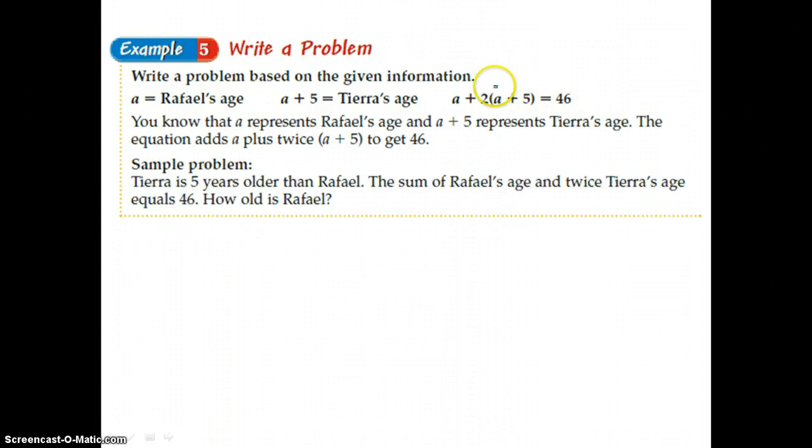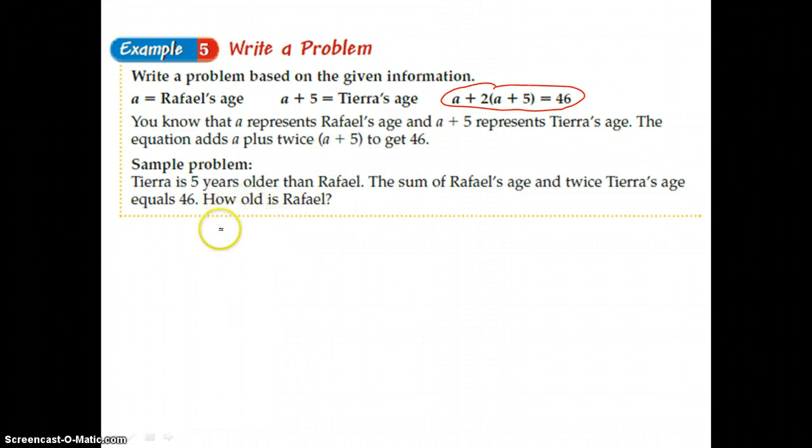So when you're given this, what problem can you write based on this? So if you know that A represents his age and A plus 5 is Tierra's age, the equation adds A plus twice A plus 5 to get 46.